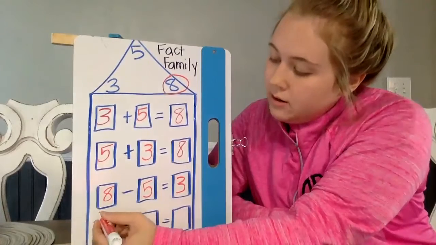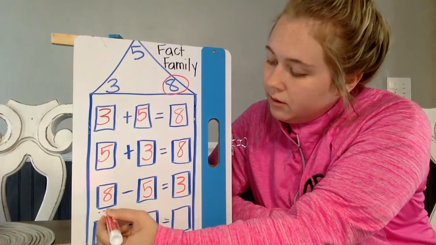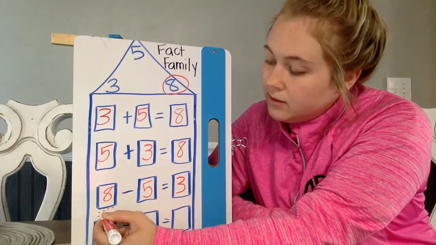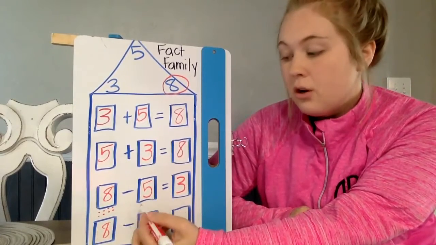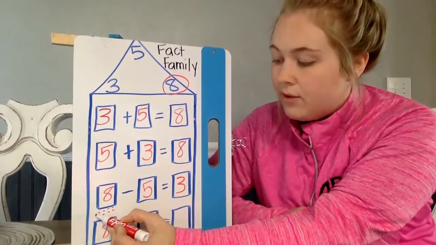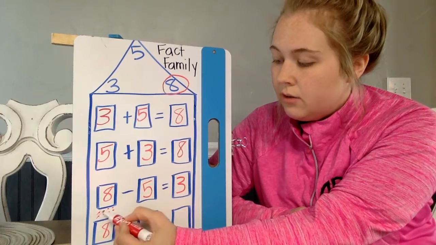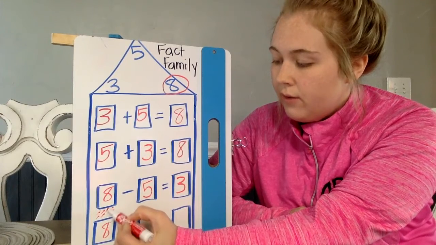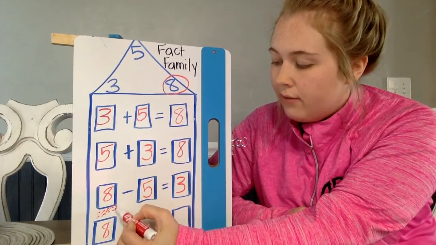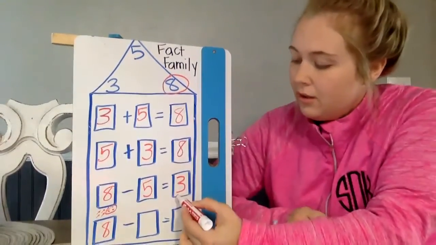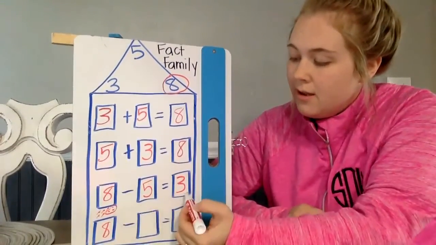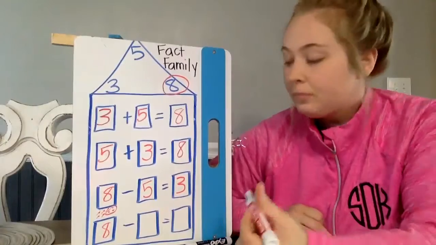Start out with 8. 1, 2, 3, 4, 5, 6, 7, 8. Take away 5. So I'm just going to cross out 5 of those dots. 1, 2, 3, 4, 5. I always circle what I have left. Look how many I have left. 3. 1, 2, 3. This equation is correct.